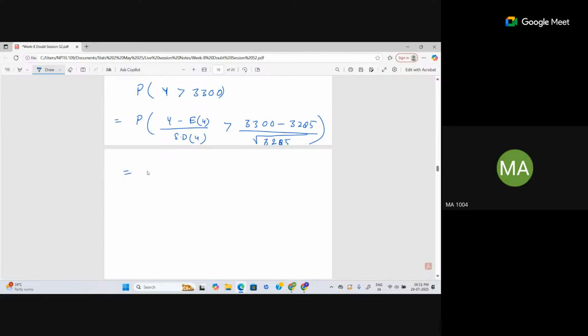Now this quantity has become Z, greater than this. Now solve this part. So this will become 0.2617, right?